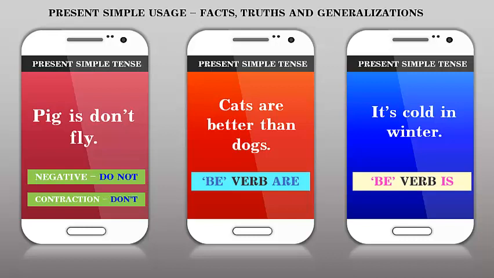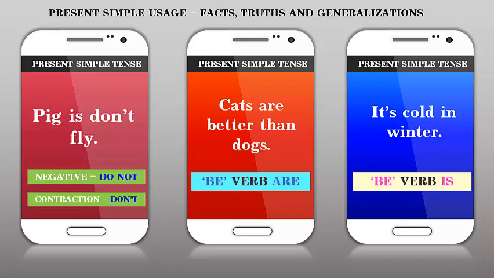Cats are better than dogs. I use the be verb are to talk about cats because cats is plural. And finally, it's cold in winter. Here I use the be verb is again, but I use the contraction, combining it and is and making it it's.